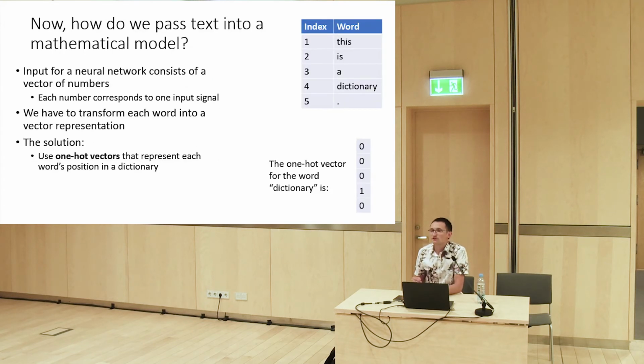I cannot just arbitrarily decide to use a vector of size 6 or 7 if I stumble upon new words. So the length is fixed.